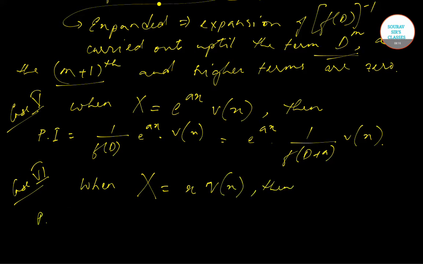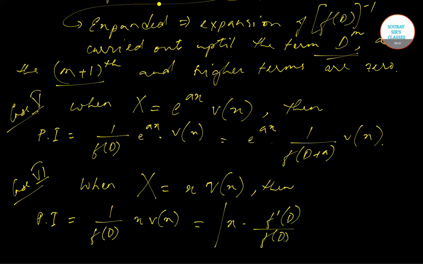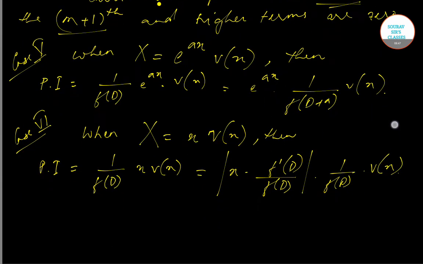Then the particular integral will be of the format 1 by f(D) into x V(x), and this will be equal to [x minus f'(D) by f(D)] into 1 by f(D) into V(x). So these are the various cases that one needs to keep in mind.